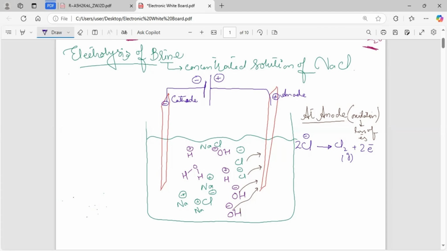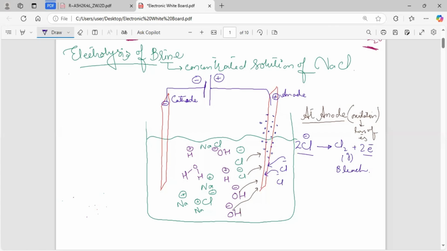So in other words, some chlorine bubbles will form at the anode. We can capture this chlorine gas, and it can be used to make bleach. So chloride ions will be oxidized at the anode. Two chloride ions will collectively lose two electrons and form chlorine gas. We discussed that also in our yesterday class.